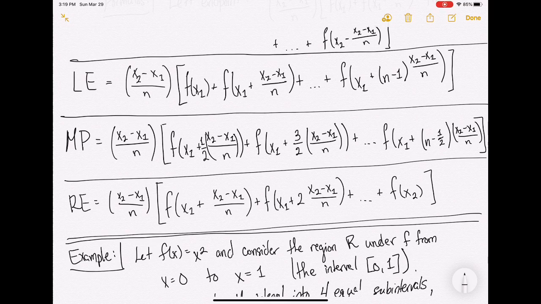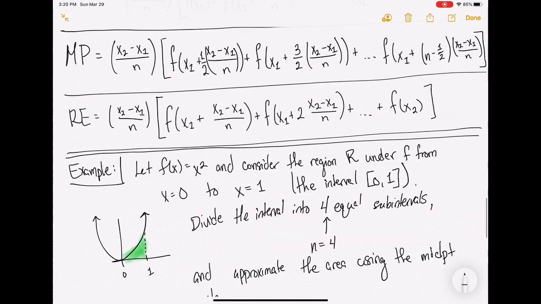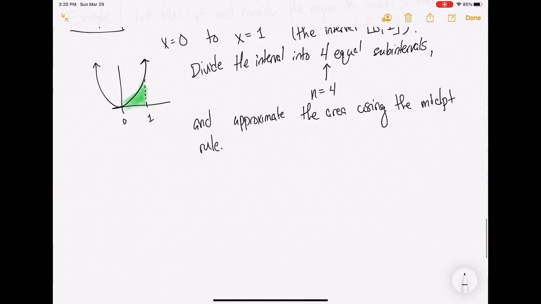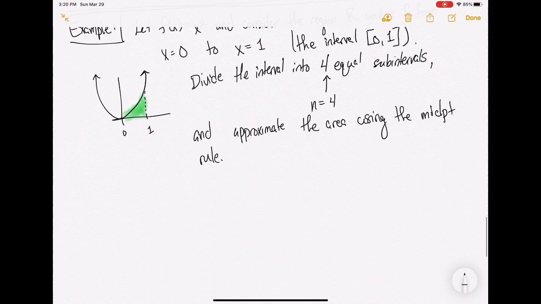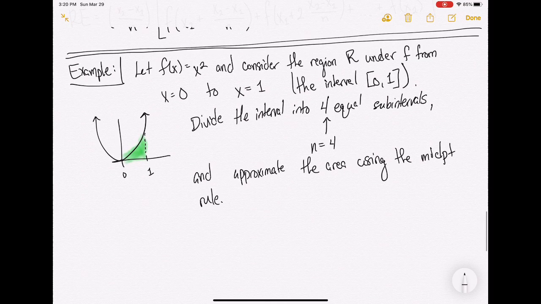And I know it looks crazy right now, but it's going to make sense. So let's just see if we can do this. Let's use our formula. Use the formula above. We should first identify x1 and x2. We can identify them really easily because it tells us from x equals 0 to x equals 1, or the interval 0 to 1.